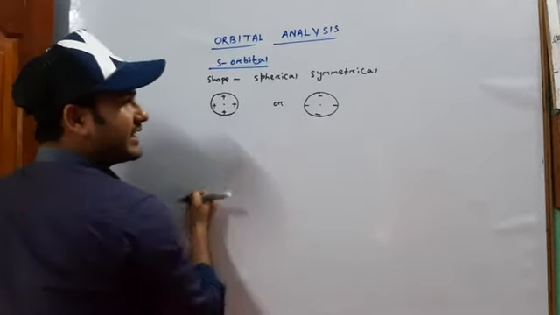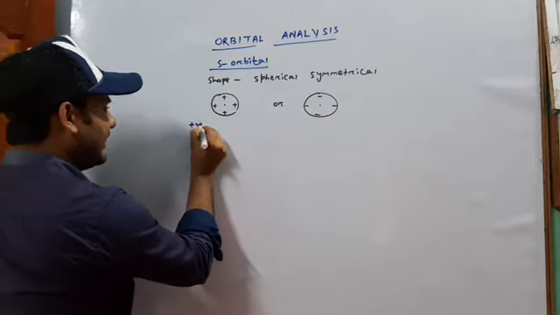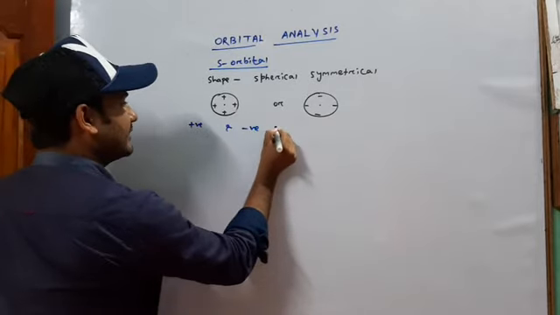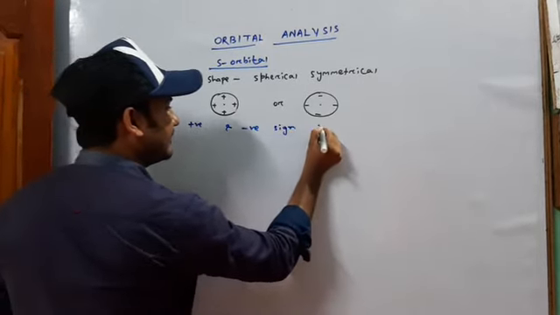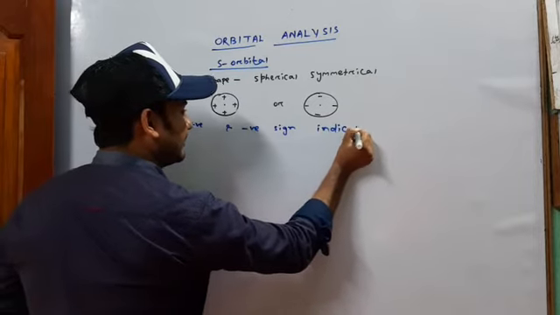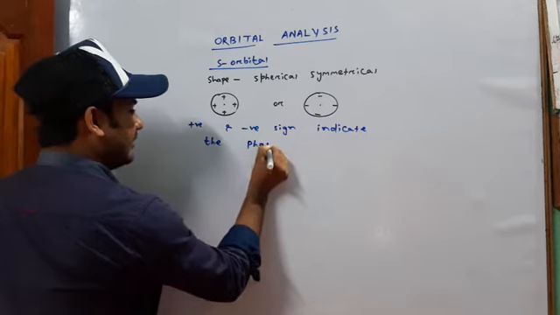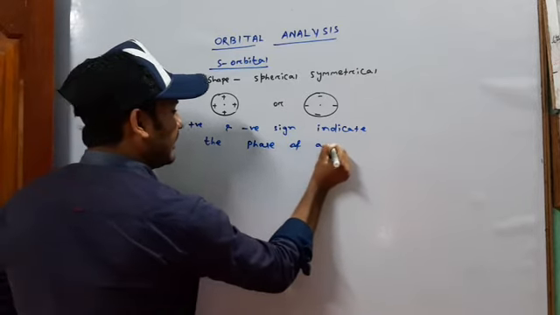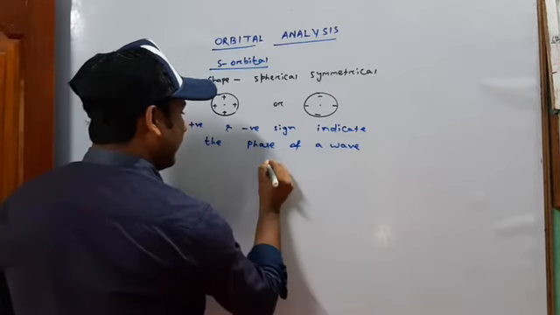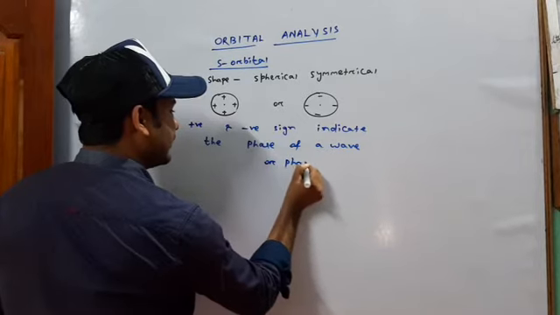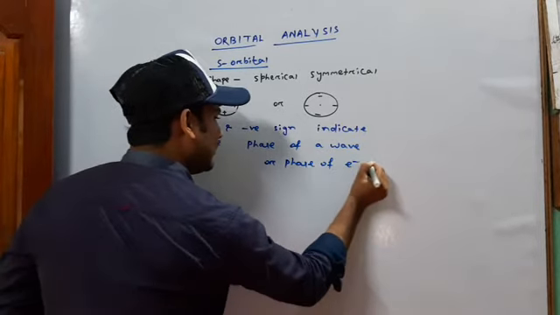These positive and negative signs indicate the phase of a wave, or the phase of the electron cloud.